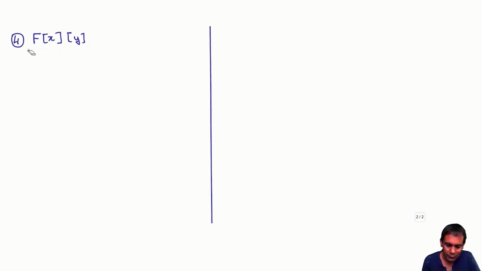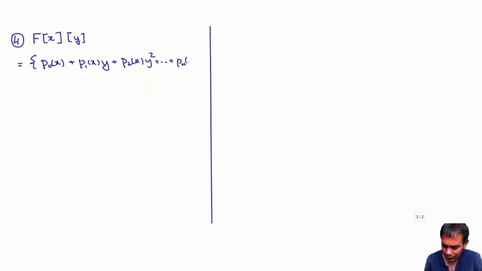Okay, so an element here looks like p0(x) plus p1(x) times y plus p2(x) times y squared and so on, plus pn(x) times y to the n, where p0(x) up to pn(x) belong to F[x].